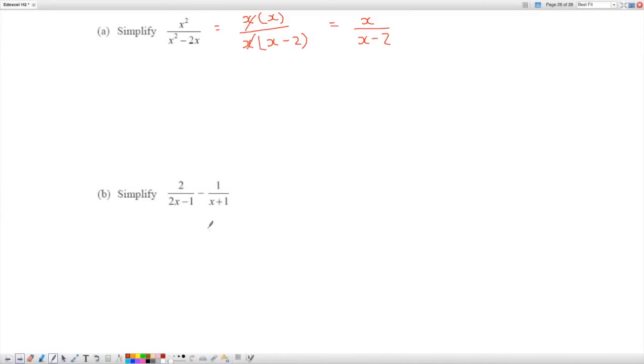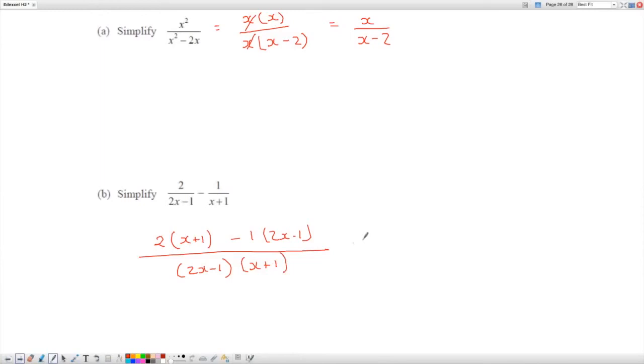Here we've got an algebraic fraction. We need to multiply to get a common denominator, which is the two terms multiplied together. So we'll have 2 bracket x plus 1 minus 1 bracket 2x minus 1, all divided by 2x minus 1 multiplied by x plus 1.